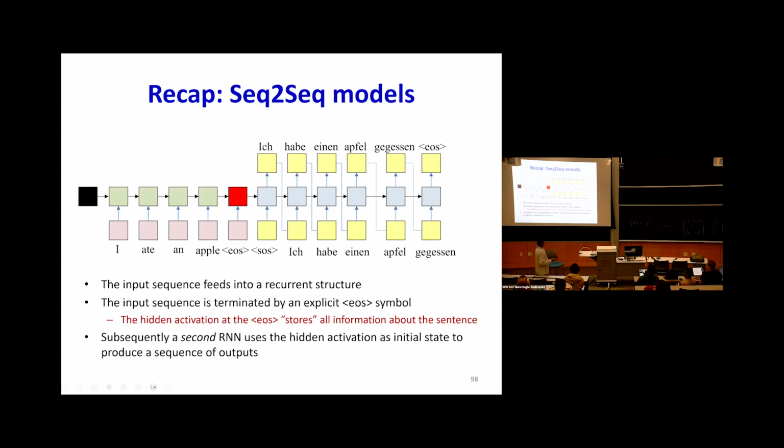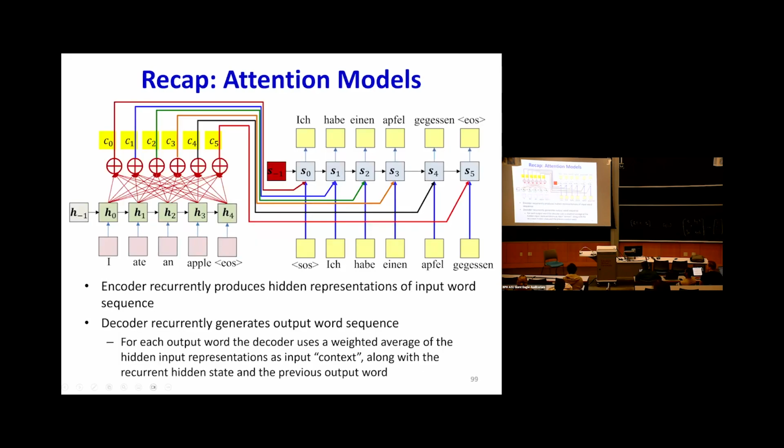Now, this is the recap, right? In the simple translation model, the hidden activation of the end of sequence marker captured all the information about the input. This wasn't so great. So in the attention-based model, we tried to pay attention to everything on the input.